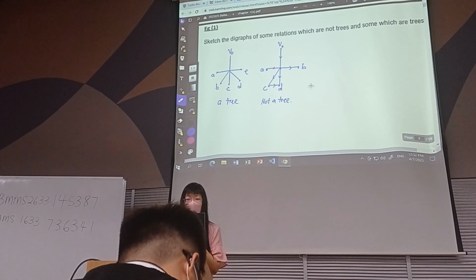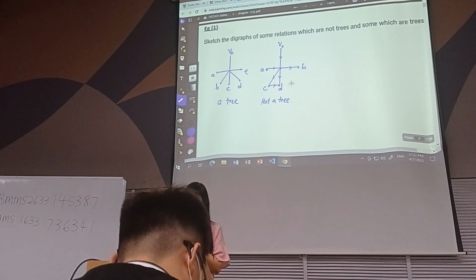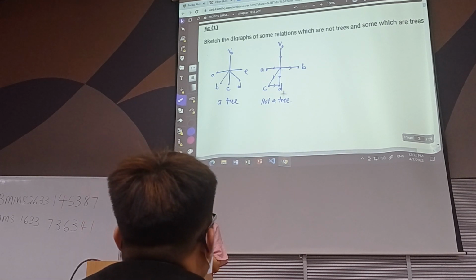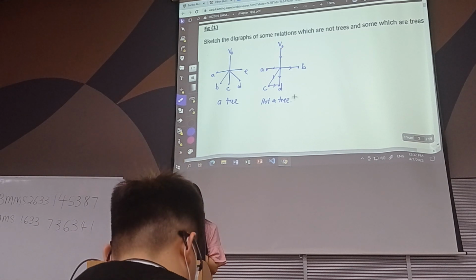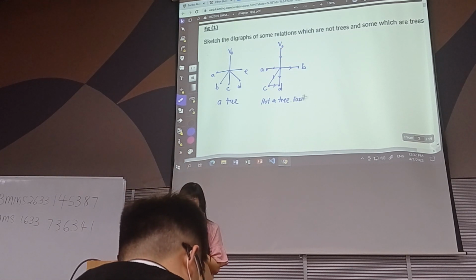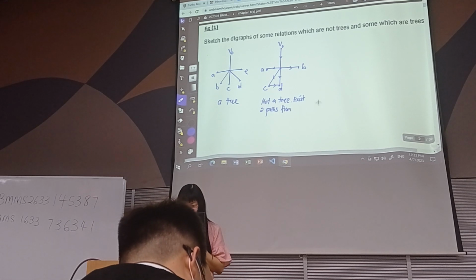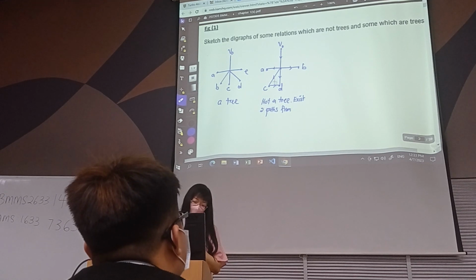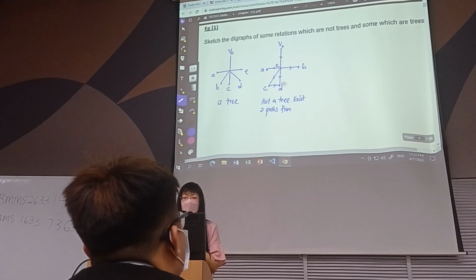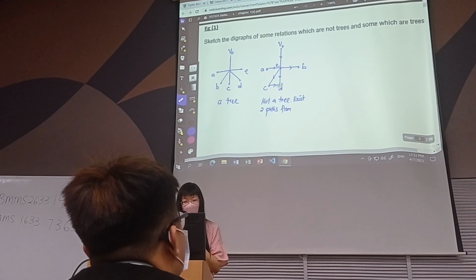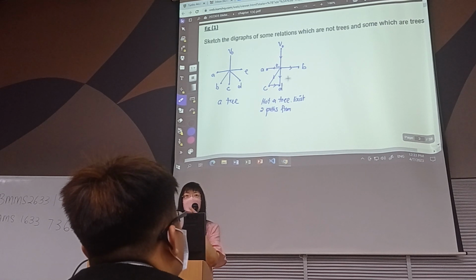You can write the reason or justification why this is not a tree. You can say because there exist 2 paths from where to where? If I put here is E, so you have V0 to D by V0, E, D, and V0, E, C, D. So you can go through 2 different ways.